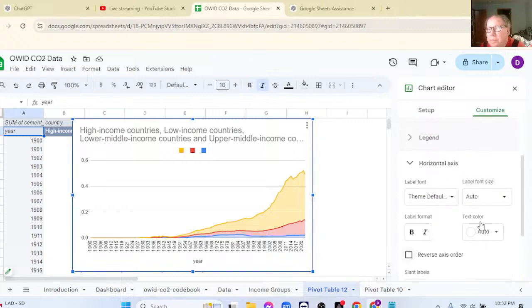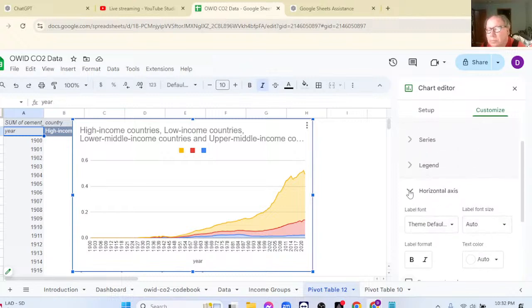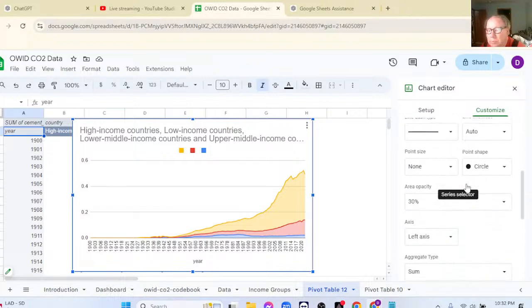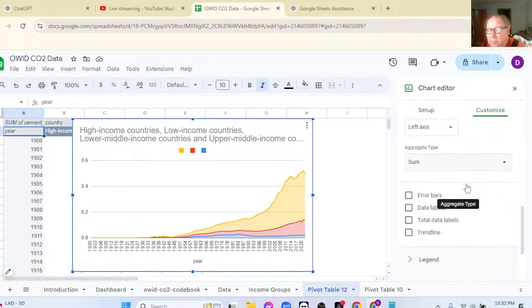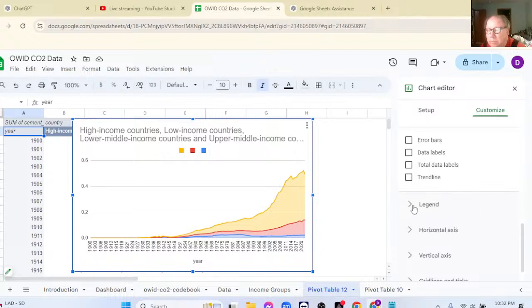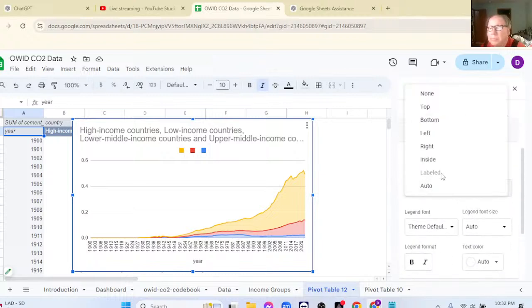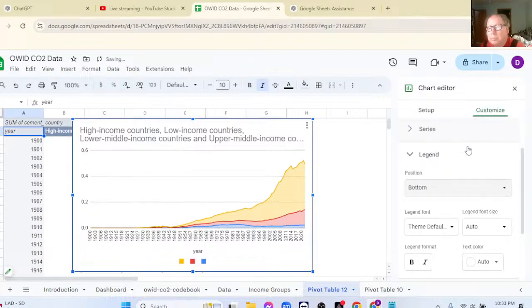Well, the obvious question is what happened to our column headings here?